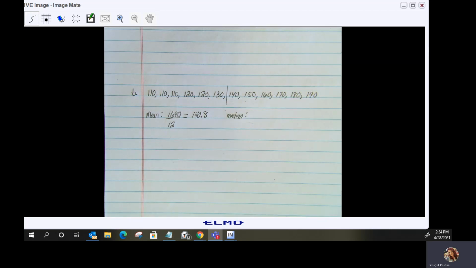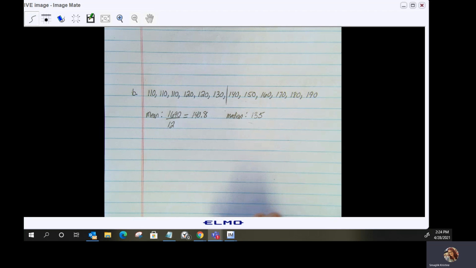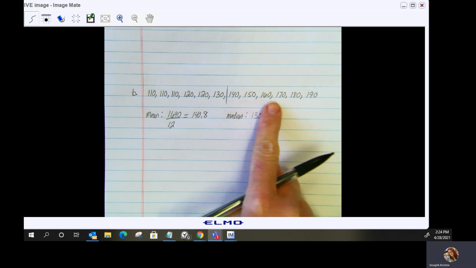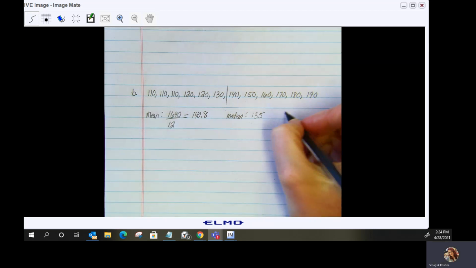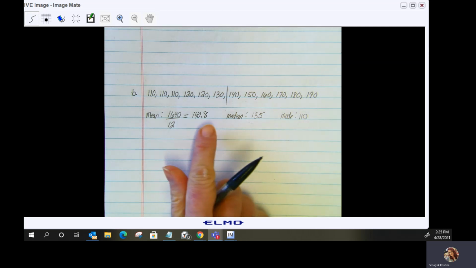Halfway between 130 and 140 is 135. That one's nice and easy. My mode is 110.